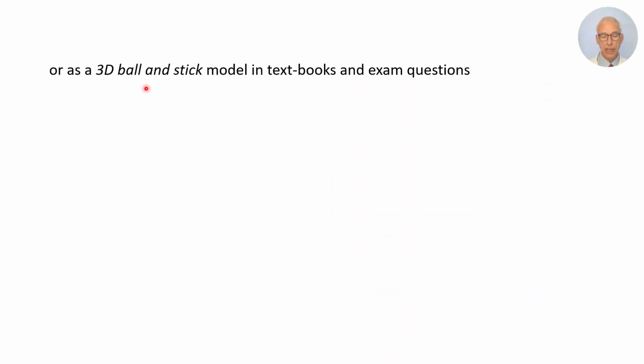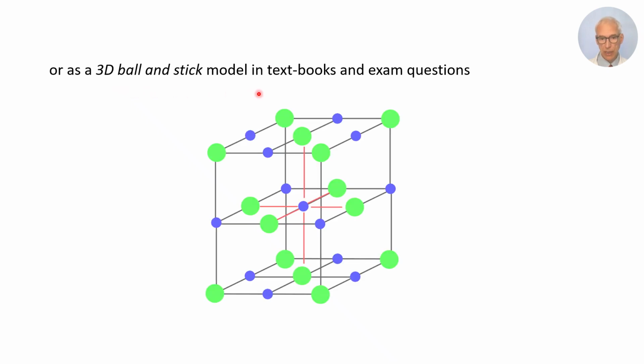Or common in exams or in textbooks, 3D ball and stick models. So we have a central positive ion, a negative ion to the right, to the left, above and below, behind and in front. And of course, this is a small section of a giant structure which goes on for many, many millions upon millions of ions in all directions.